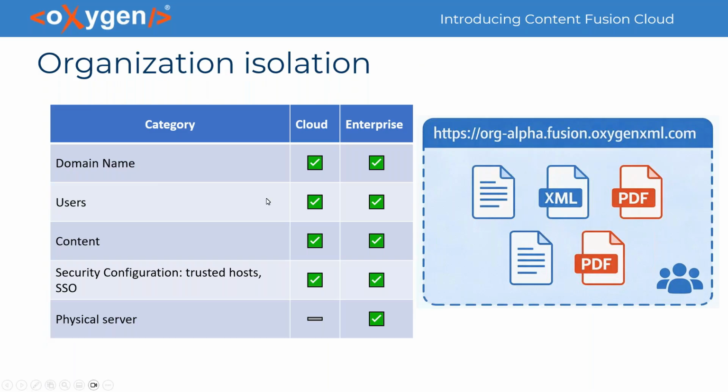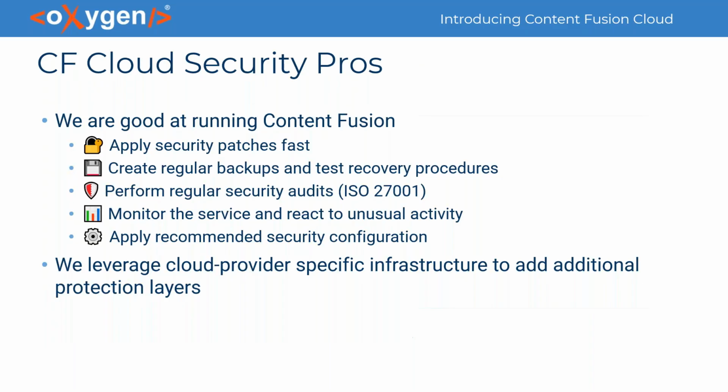As I said, the users are isolated between organizations, the content is isolated, and so are security configurations. For example, each company can configure its own single sign-on provider. The only difference is that in the cloud, we have a virtual sandbox around the organization resources, while in the enterprise version, there is a physical sandbox around the organization resources.